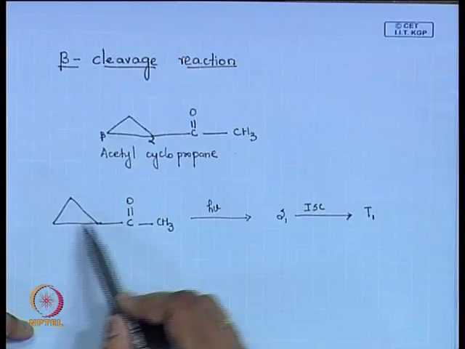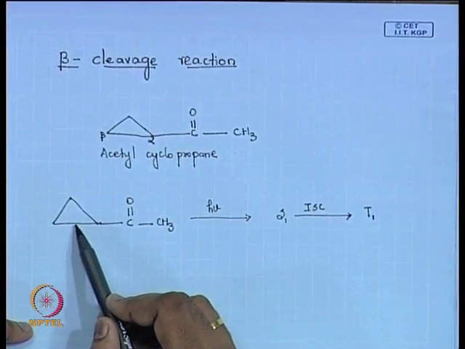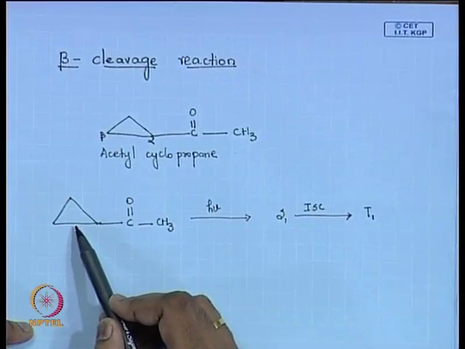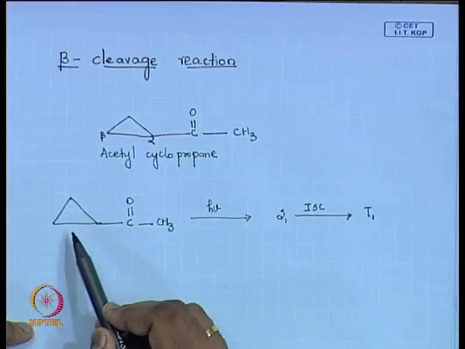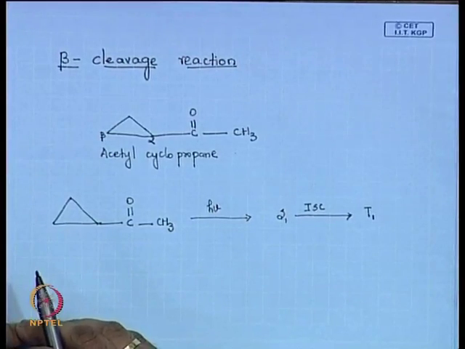This excited energy is then transferred to your C alpha and C beta bond, and that is how the alpha beta bond gets cleaved. So, it is a type of energy transfer from your excited ketone to your C alpha and C beta bond, which makes the chemistry occur.